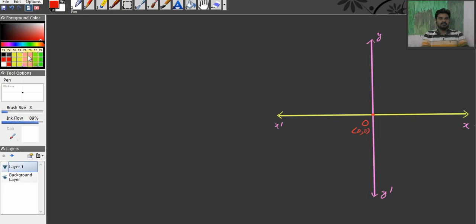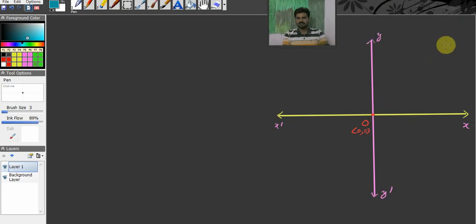Now I am going to take the point P in the old system. Suppose let us consider a point P(x, y). This is a point P in the old system.